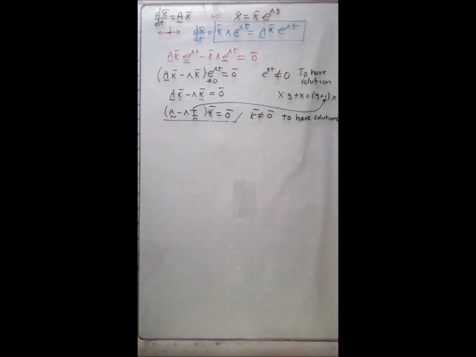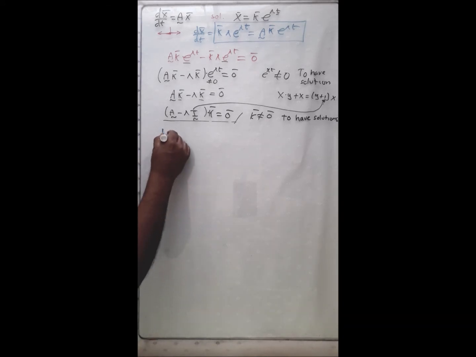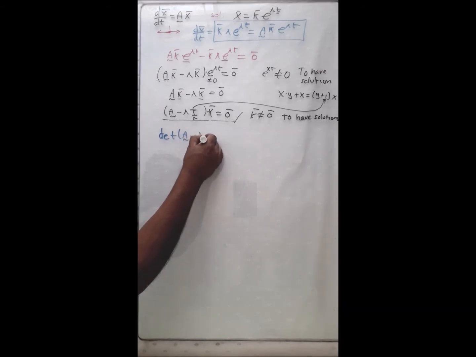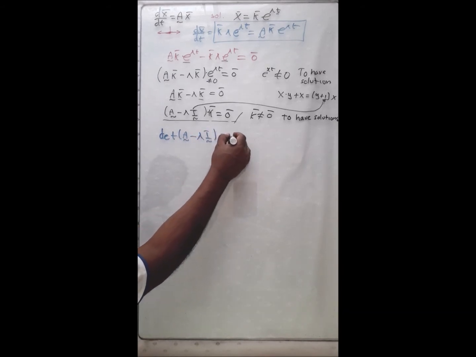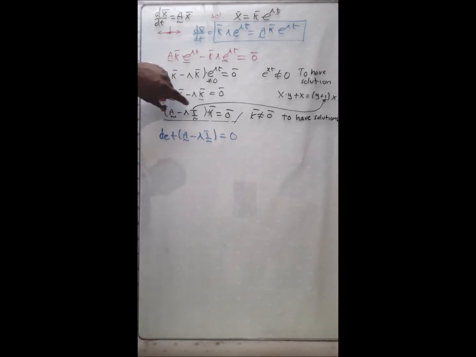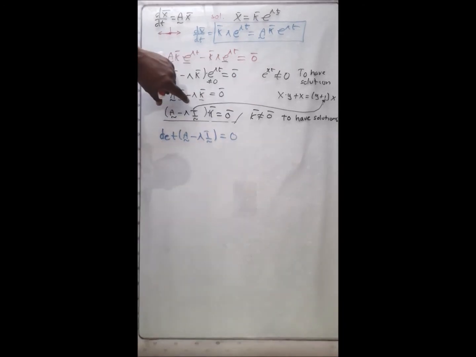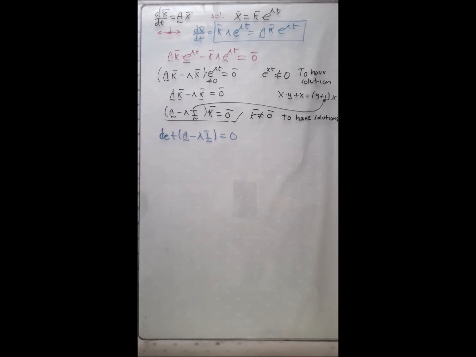For this to have a solution, what we need is the determinant of the A matrix minus lambda times the identity matrix equal to 0, because the k vector cannot be 0, and I cannot make the whole matrix 0 because the A matrix happens to be different than 0.